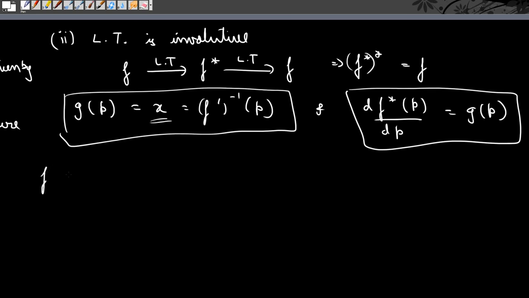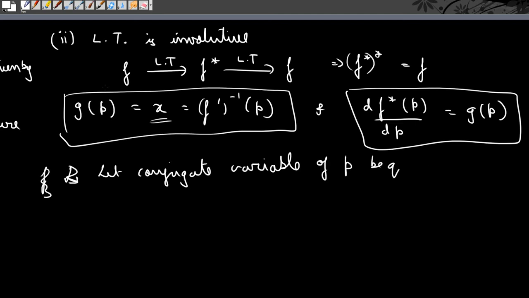Let the conjugate variable of p be q, which means now I am taking the Legendre transform of f star. So f star star of q. f star was a function of p.